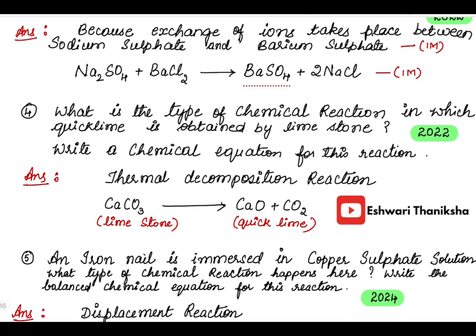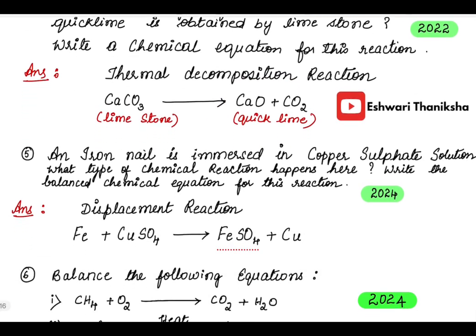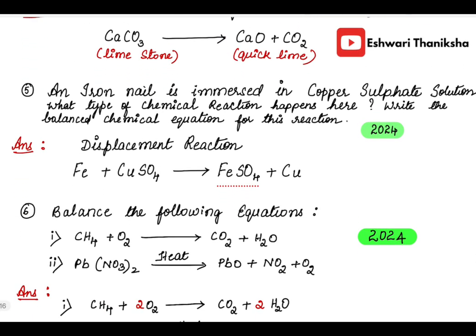What is the type of chemical reaction in which quicklime is obtained from limestone? Limestone is calcium carbonate. So calcium carbonate will decompose to form calcium oxide and carbon dioxide. Next question. An iron nail is immersed in copper sulfate solution. What type of reaction takes place here?